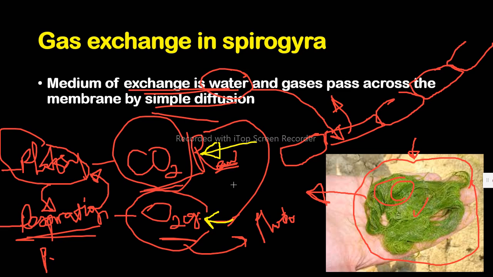Which point? At that light intensity, for instance. And so there won't be any net movement of carbon dioxide or oxygen in and out. Which name do we give that point? I know you've heard it: the compensation point.